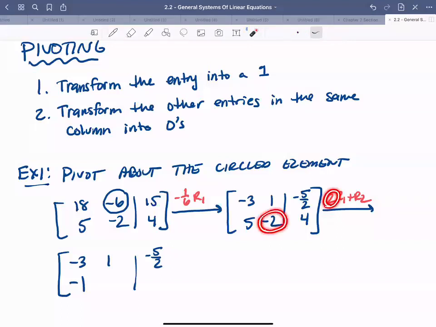And then 2 times 1 is 2, so -2 plus 2 is 0, which is our goal. And then 2 times -5/2 is just -5, so I have -5 plus 4, which gives us -1. And we're done. We've done exactly what it's asked us to do.